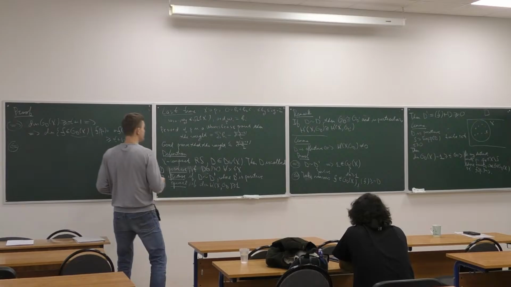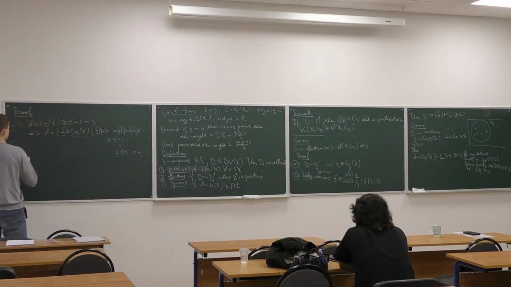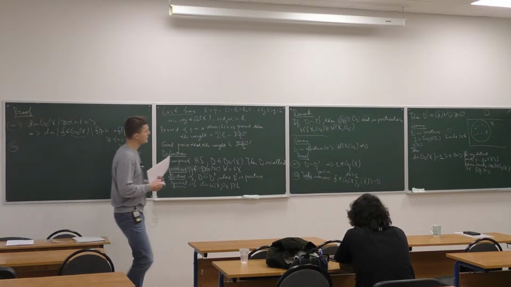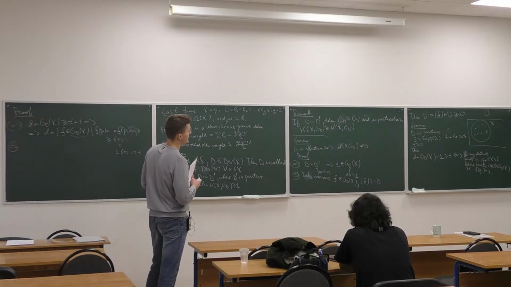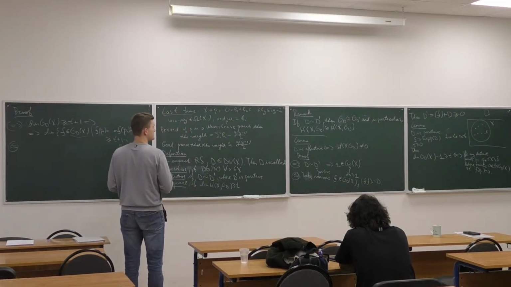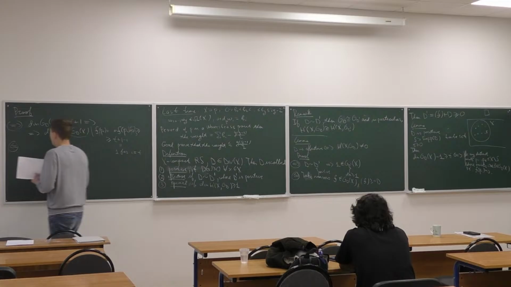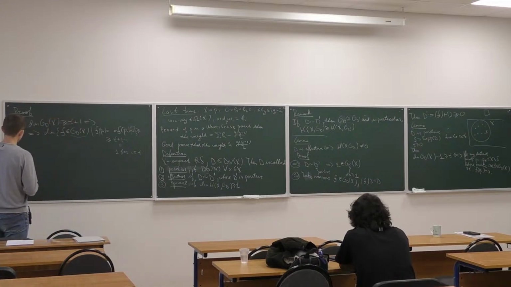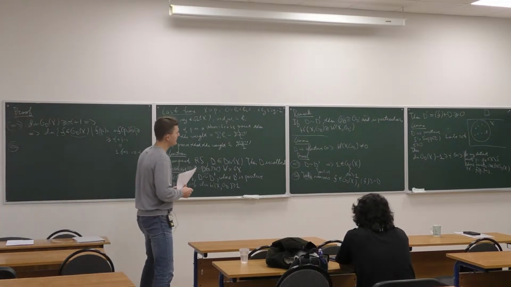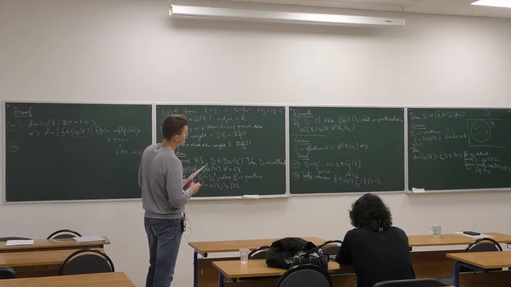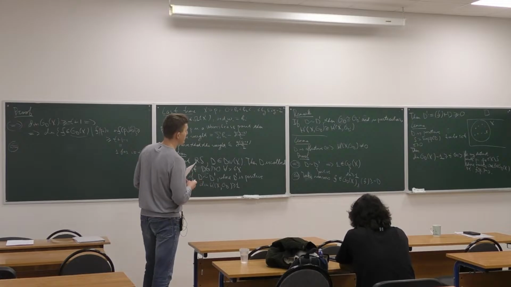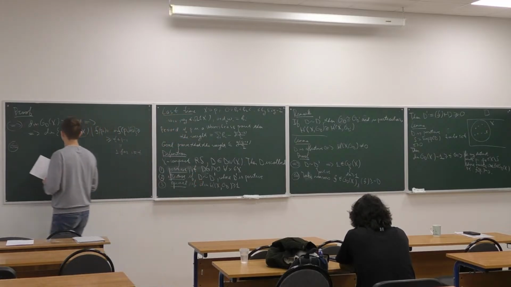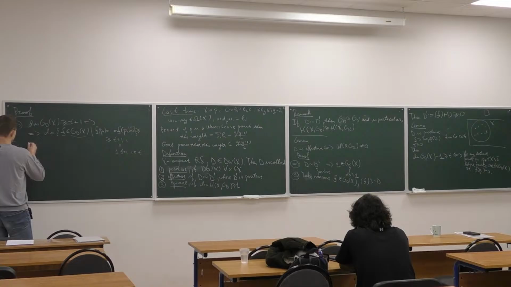The converse statement is also easy. Suppose that for any t distinct points there is such a function. Let us prove by contradiction.